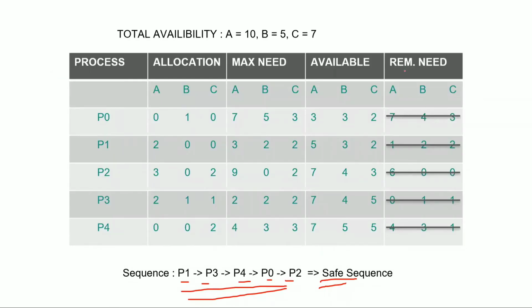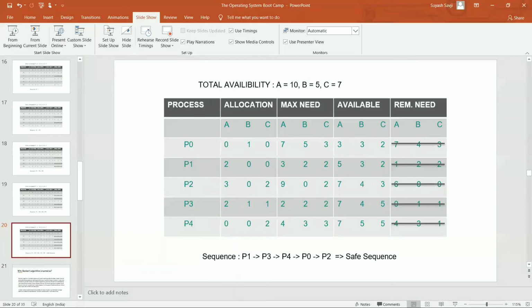So if you want to know the program for this algorithm, let us see the program. Okay, this is the program for Banker's algorithm. I will explain it very shortly.